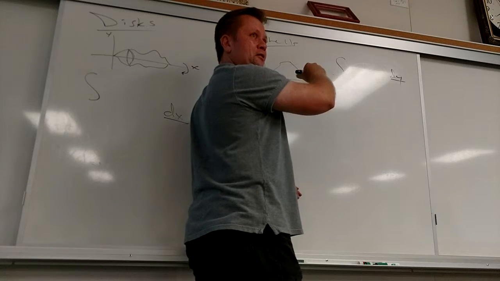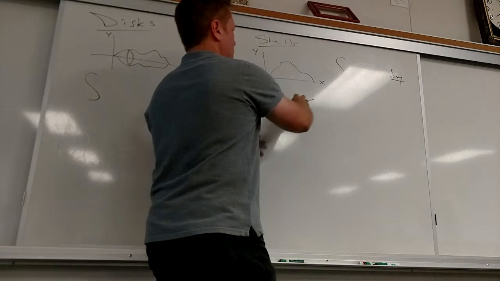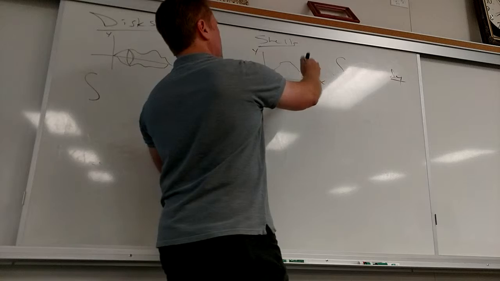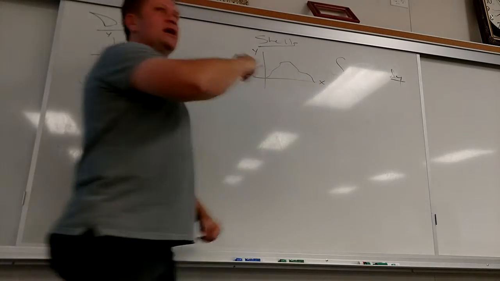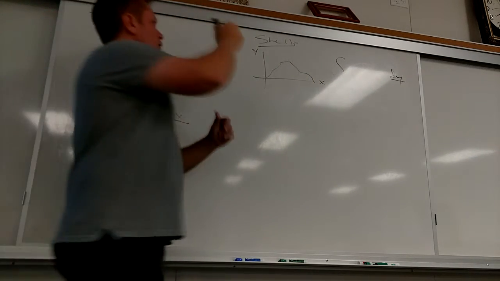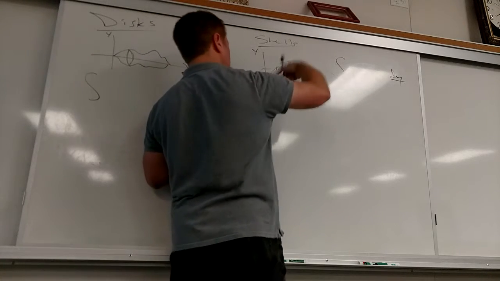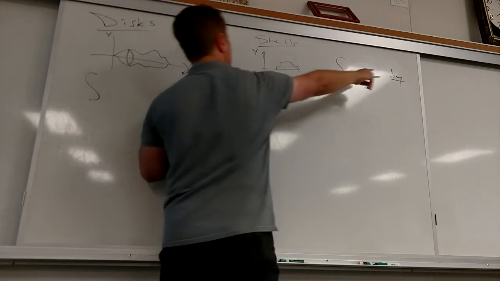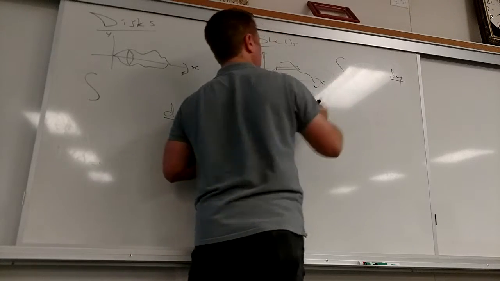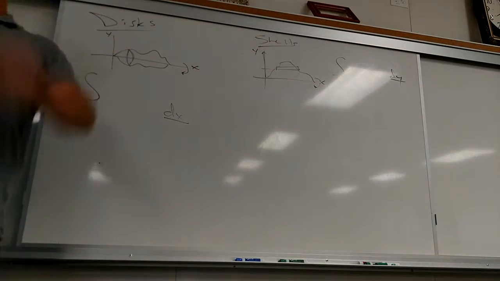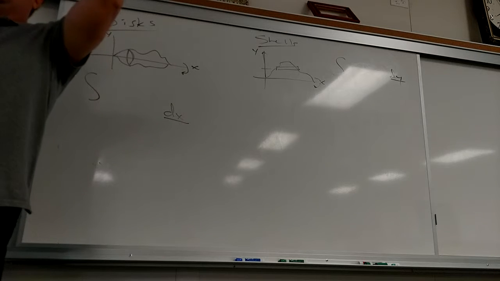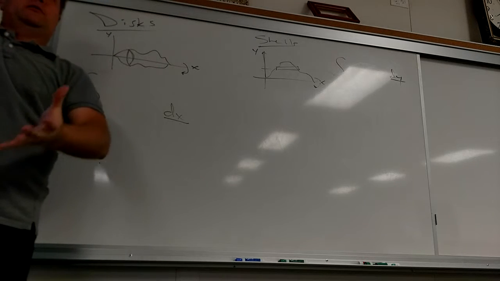For shells, this is going to be a little freaky with this picture, but oh well. What I do for shells is I locate the rectangle that I'm going to rotate along the axis that's perpendicular to what I'm rotating around. Because if I take a rectangle like this and rotate it around the x-axis, I make a shell.